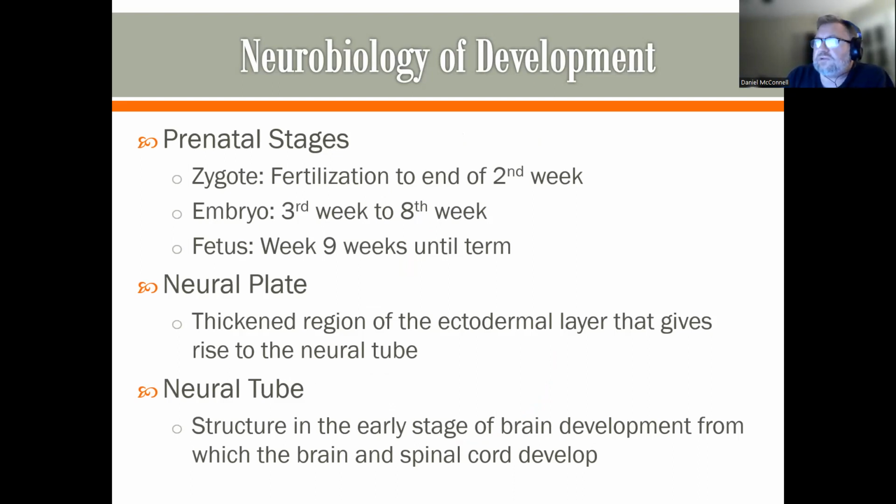What I have listed right off the bat here are three prenatal stages. At conception, when a sperm cell fertilizes an egg cell, we have a fertilized egg. That is referred to as a zygote, a single fertilized egg cell.